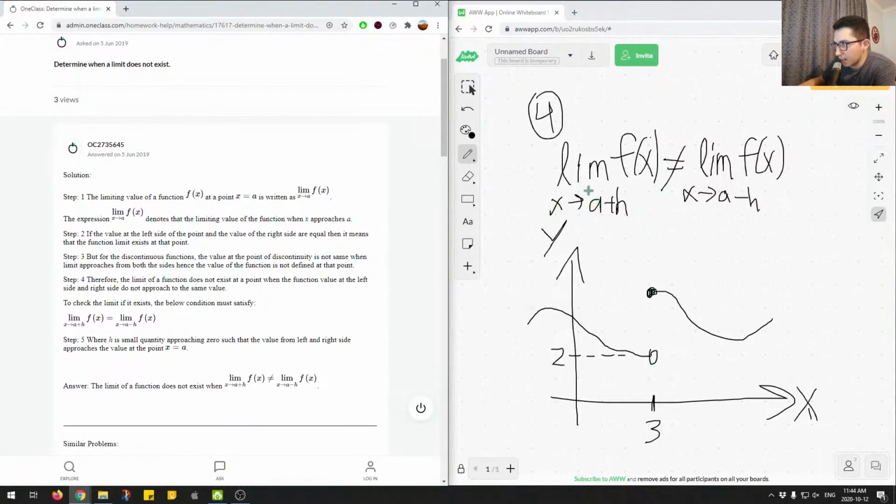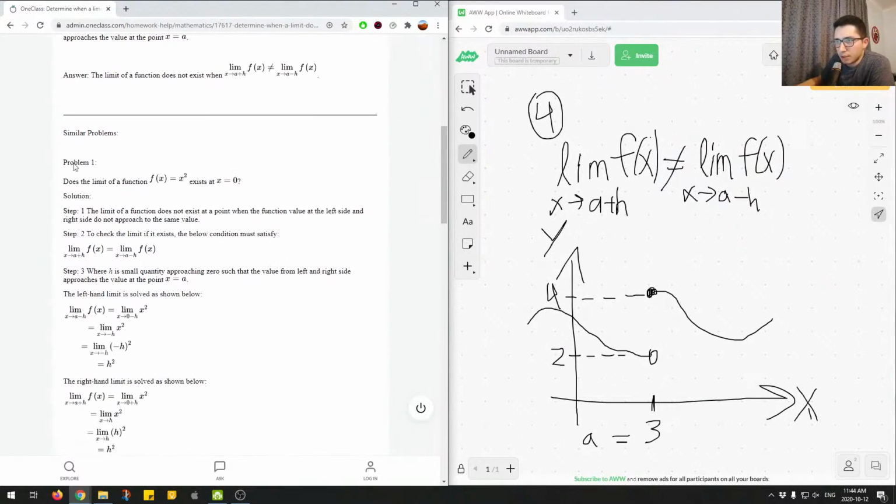As x tends to a, which is 3 in this scenario, from the right side, plus some very small number, we'll get, let's say, y equals 4. And as x tends to a minus h, coming from the left side, we'll get y equals 2. So we know that 4 does not equal 2, therefore the limit does not exist in this example of the function that we drew out here.